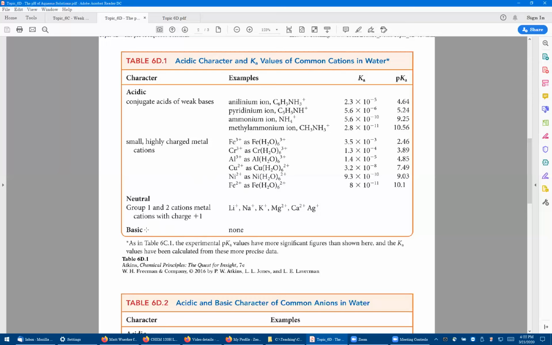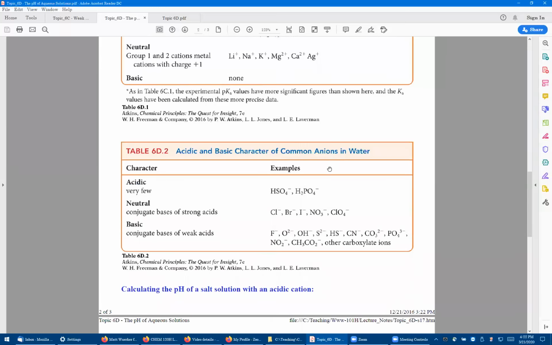Well, since these things already have a positive charge because they're cations, they're much less likely to donate another proton and acquire another negative charge. And so as a result, essentially no materials behave that way. Conjugate bases of weak acids don't behave like acids at all. And there are essentially none of them that exist. So this is the categorization of these things that we're going to be talking about now.